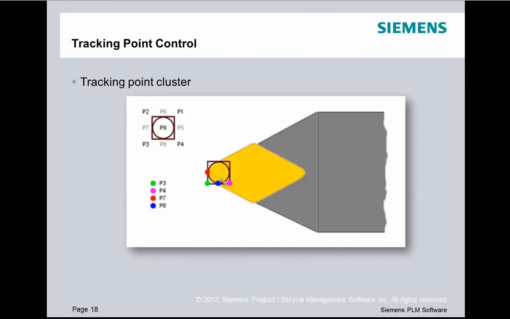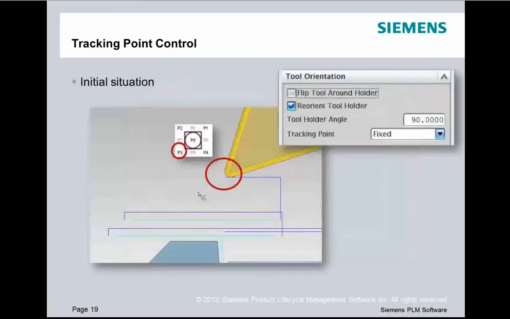This is very powerful software to use, but with all the options that are now available in the controllers, we've added some new abilities to define how this tracking point cluster behaves with rotations of the tool.